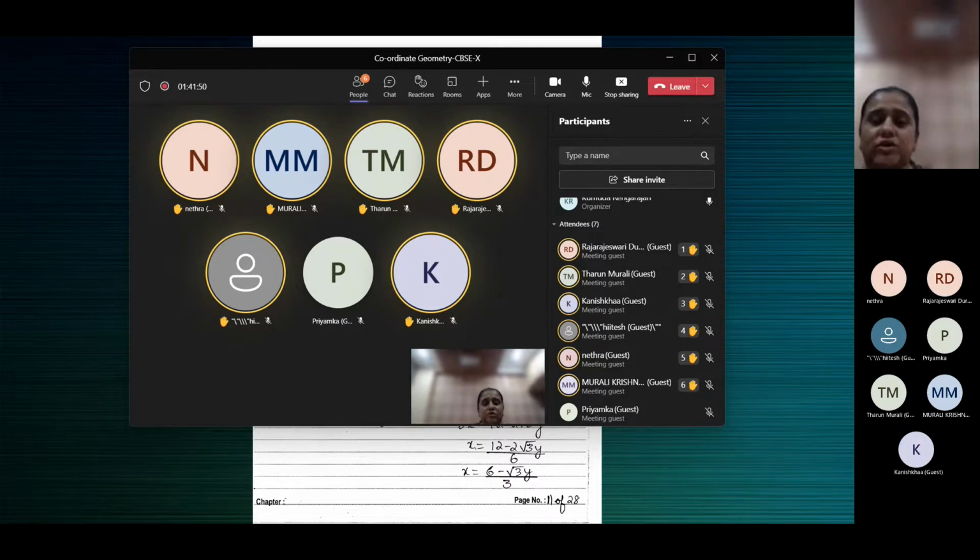Okay, I'll wait for another 5 minutes because you must know how to solve this. Another 5 minutes, then I'll be forced to show you the answer.